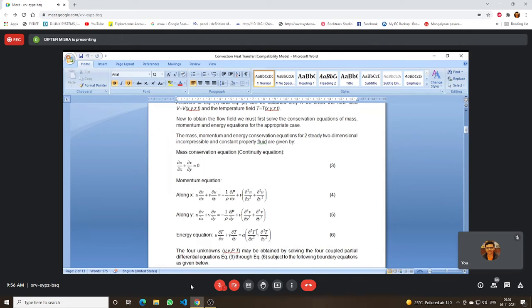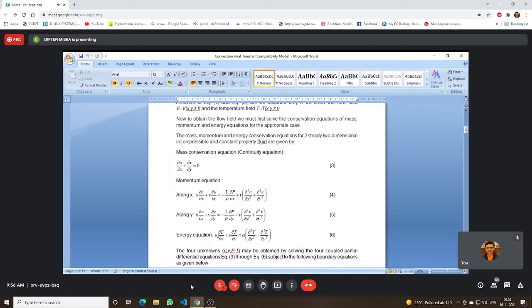Now, what you see is that, unfortunately, our interest in heat transfer is to know the heat transfer rate that you can obtain by integrating the heat flux, and to know the heat flux you require to know minus k_f into del T del y at y equal to 0 plus. Now, just to know that, we require to know how T varies with X and Y. But as we see, it is not only T that is contained in this equation.